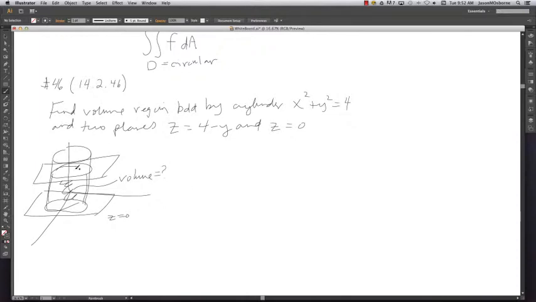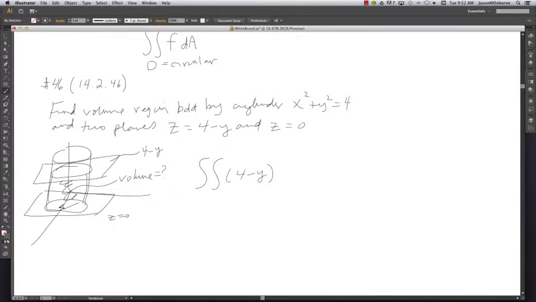So we need to set up a double integral for this. We want to find the volume below this surface, but above the z equals 0 plane. This surface is our plane, so we've utilized one of the pieces of data to find the function we need to integrate.